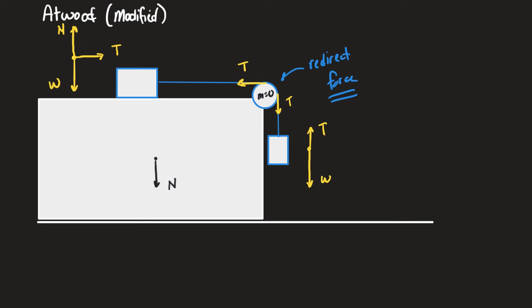Now, to fulfill this problem, I'm going to give a couple of things here, M1, M2. That way we can differentiate them. And what I'd like to do is find the acceleration of the system based on what we are seeing in our problem. That's a pretty typical thing to do. These problems are, again, classic Atwood machine questions where ultimately we are looking for the acceleration of the system.